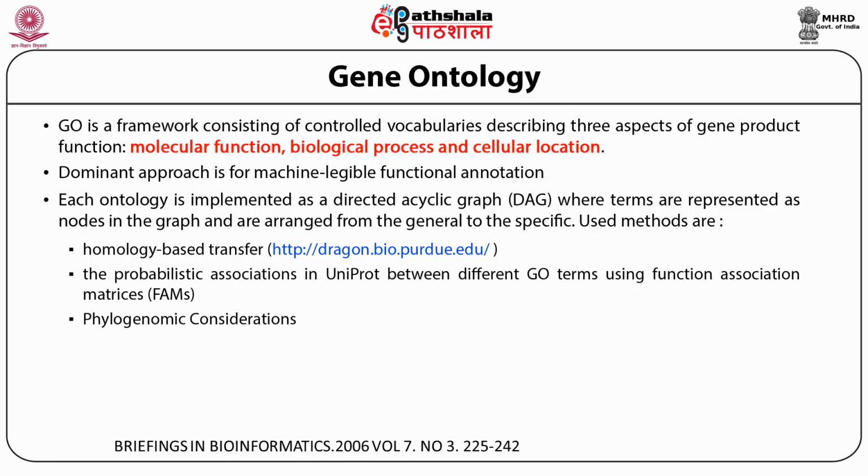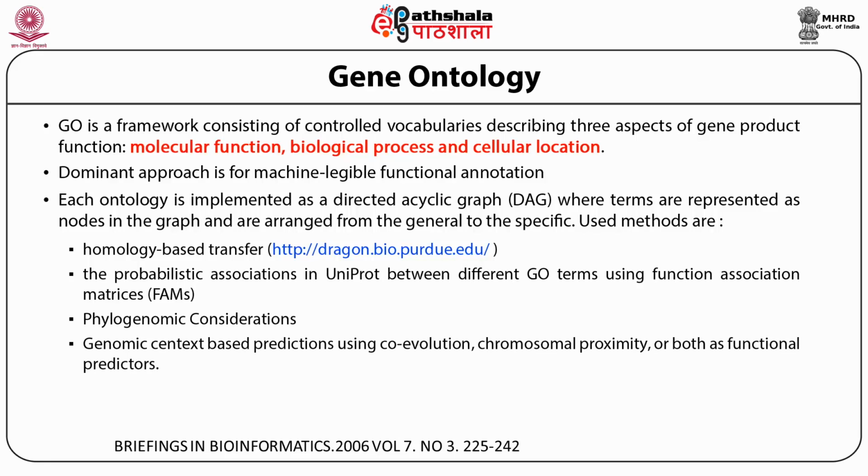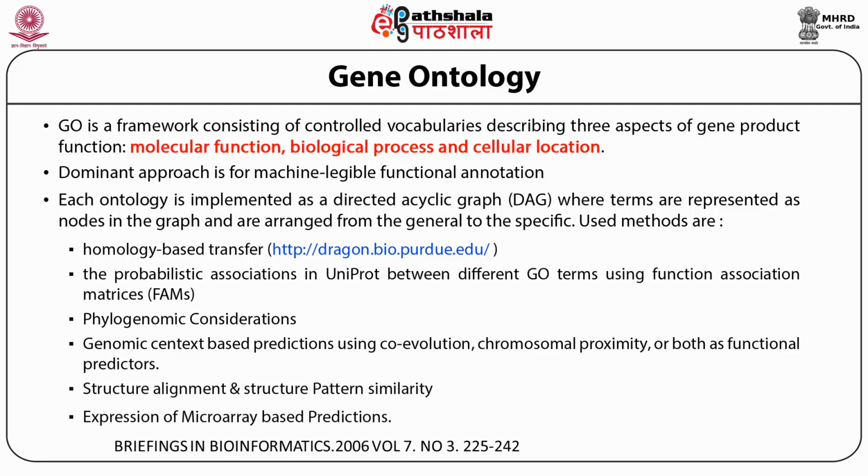Of course, there is text searching as well, co-expression, co-evolution. Nonetheless, more importantly, it not only takes the sequence, it also takes structural alignment and structural pattern similarity extracted and puts it into the information. So gene ontology is one of the most important resources to do research on any kind of omics.